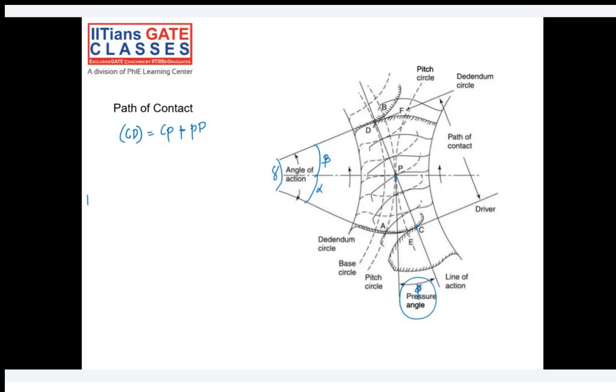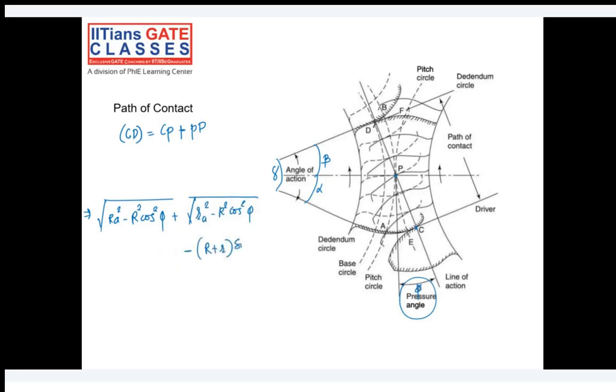So the path of contact is calculated by this formula: the square root of Ra square minus R square cos square phi, plus the square root of RA square minus R square cos square phi, minus R plus r times sine of phi.